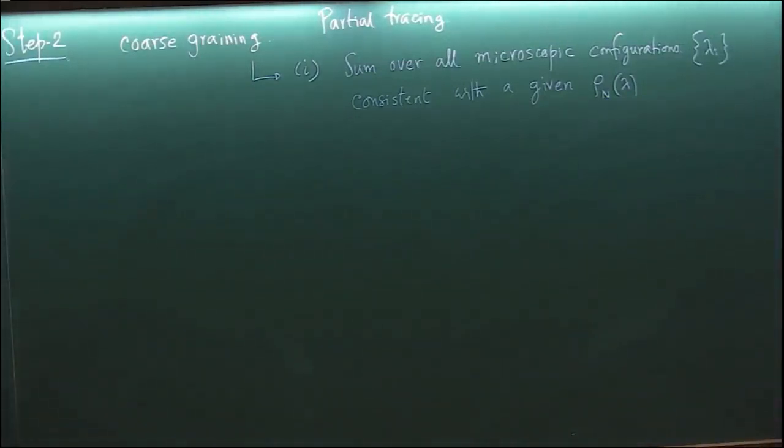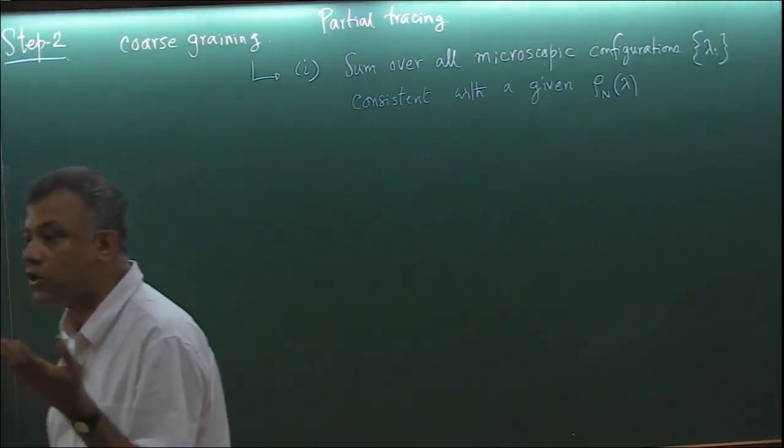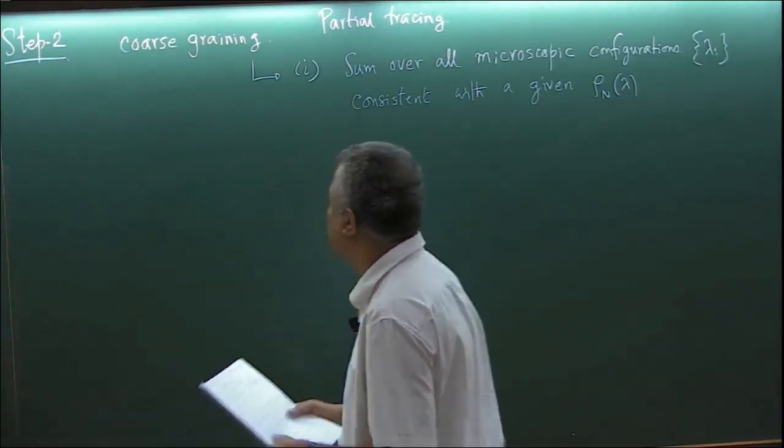Once you fix N1, N2, N3, you can move around these particle positions inside each box. It doesn't change the density. So you have some freedom, and you have to sum over all such microscopic configurations. This is the thing that gives rise to entropy in statistical physics.